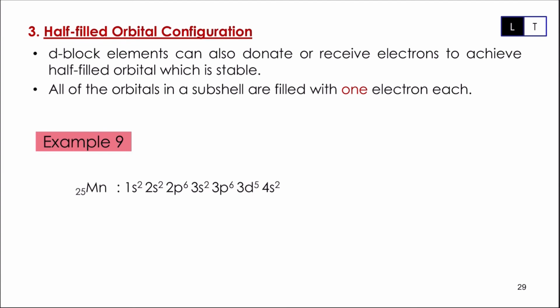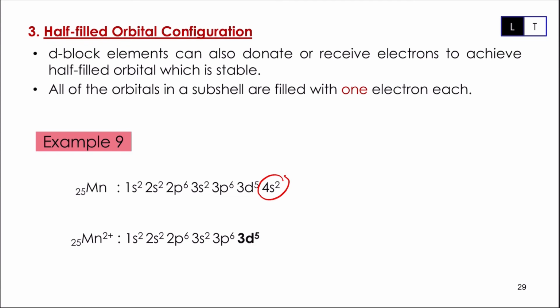Now, I want to form the stable ion for manganese, which should be the manganese ion Mn2+, so I will remove 2 electrons from the highest orbital, which is the 4s orbital. That's why there is no more 4s orbital in Mn2+. You can see that the 3d orbital contains 5 electrons.